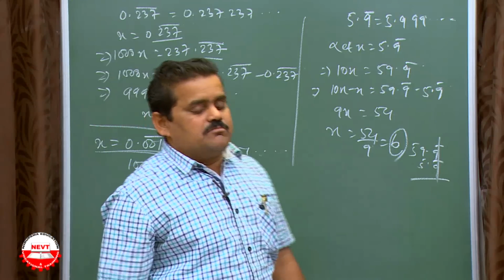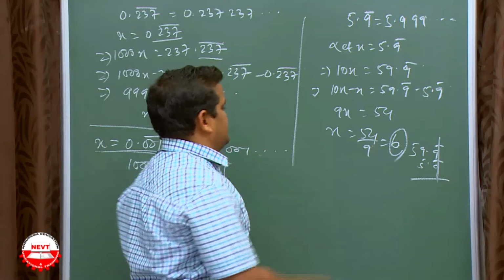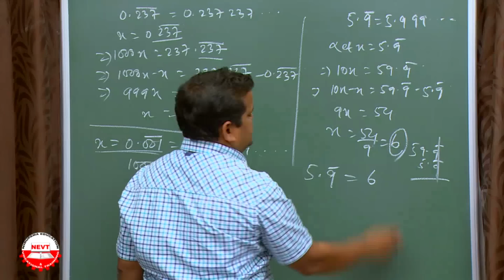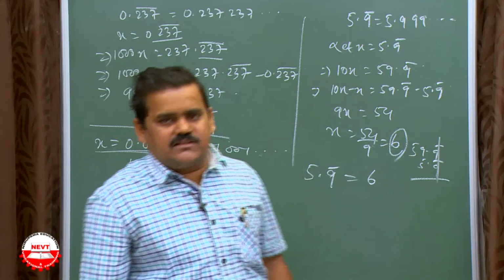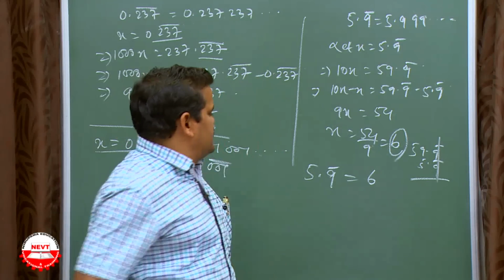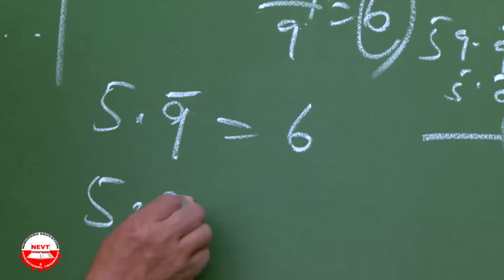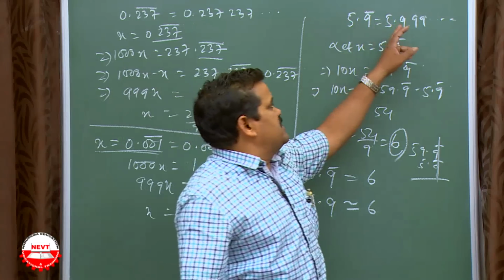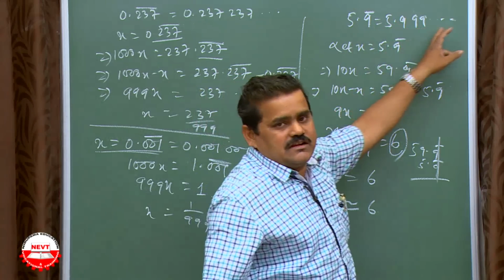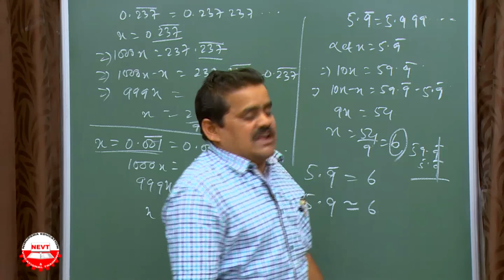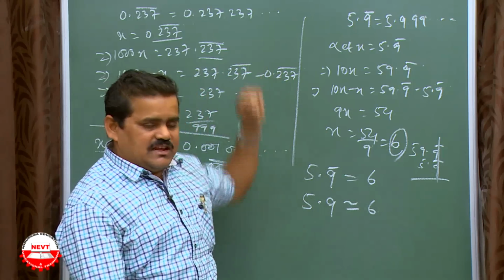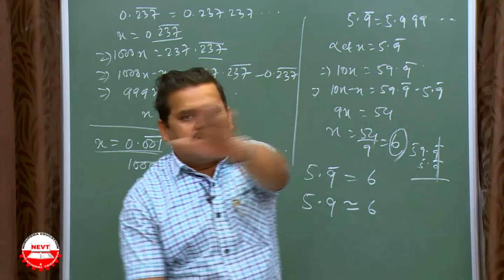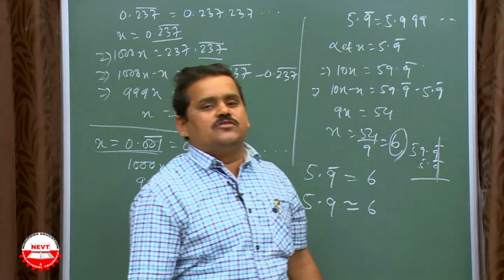So maybe one question I will ask you: 5.9 bar you get is equal to how much? 6. So is it 100% correct? No. Actually 5.9 bar is nearly equal to 6, because 5.9 bar is 5.99999999 like this. That means it is less than 6 by 0.00000000001 like this, infinite 0s and then 1.